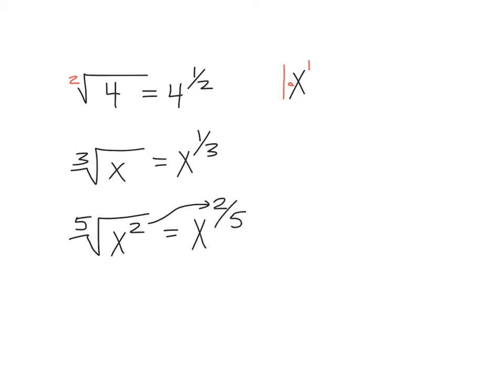Okay, so the 2 goes on top, the 5 goes on bottom. Now, what we're going to do next is address some basic rules of exponents, and then talk about how you simplify these things.